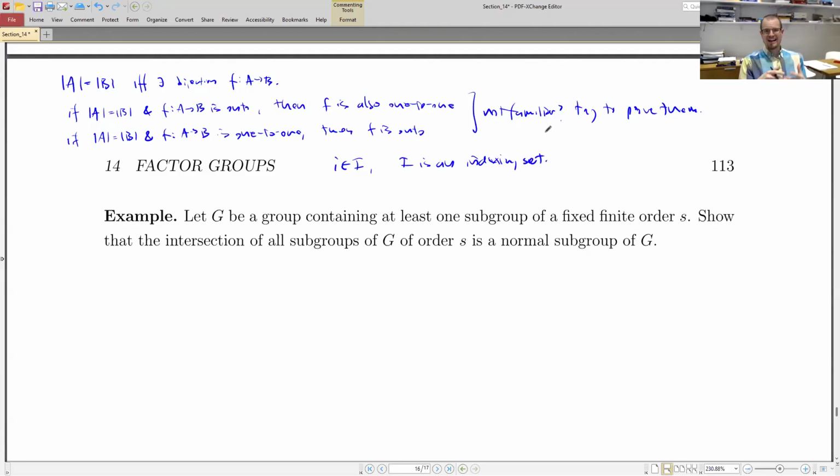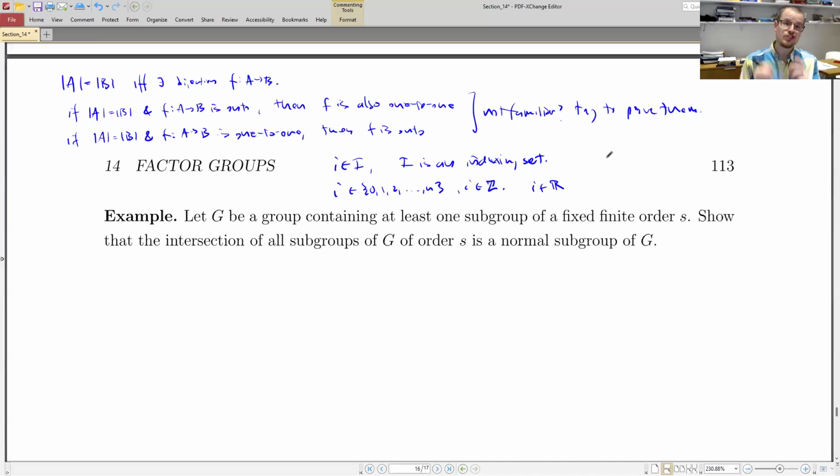The nice thing about using I as an indexing set is that I don't have to know the cardinality of I. So sometimes you'll see i belongs to 0, 1, 2, all the way up to n, for example, integers from 1 to n. Or you might use something like i belongs to Z, and that's fine, right? An infinite collection, but it's countable. Or you might even see, in rare cases, i being a real number. Technically, you could let it be a complex number, right? You have a lot of different options there.